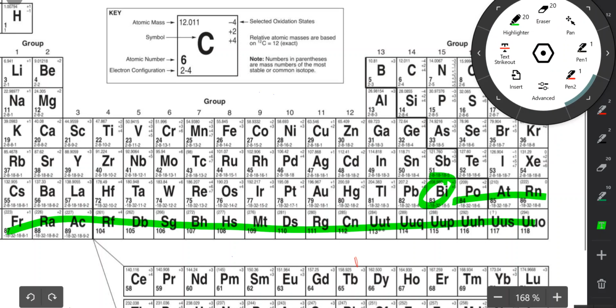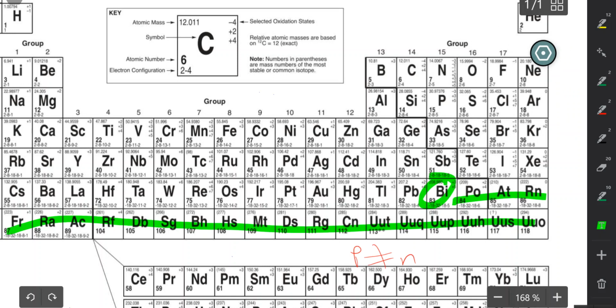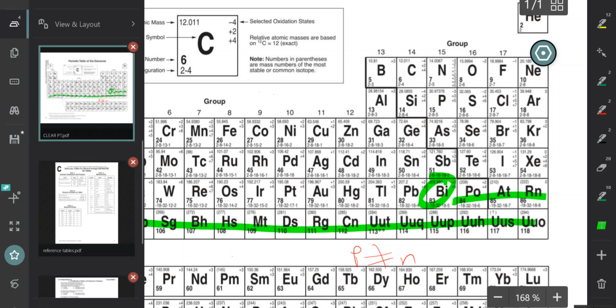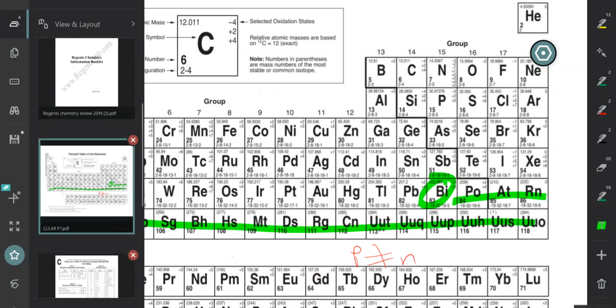So when protons do not equal neutrons, we have a radioactive element or radioactive isotope. Okay? When we talk about atomic structure, we'll talk more in detail about where the protons are, what their masses are, and so on. Okay.